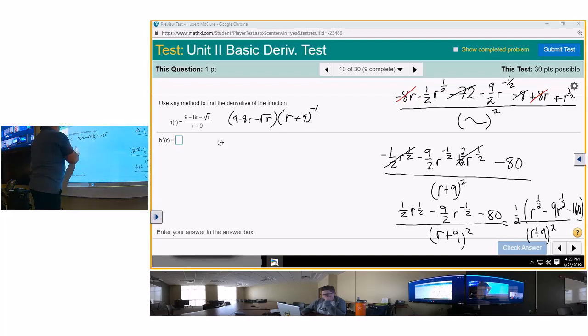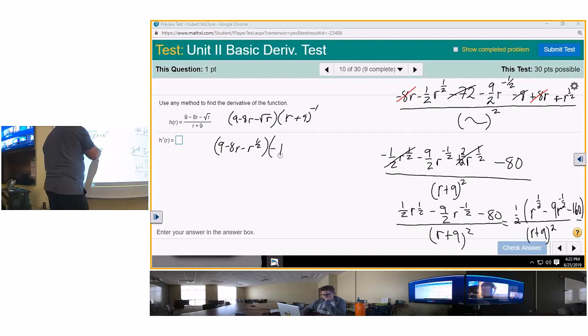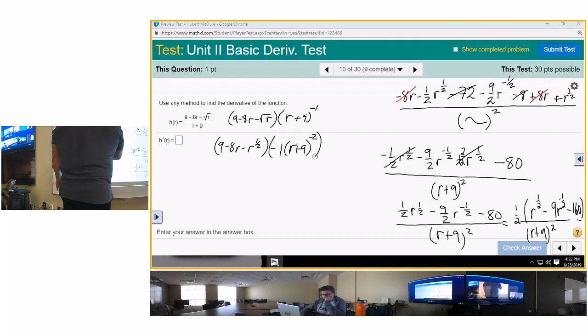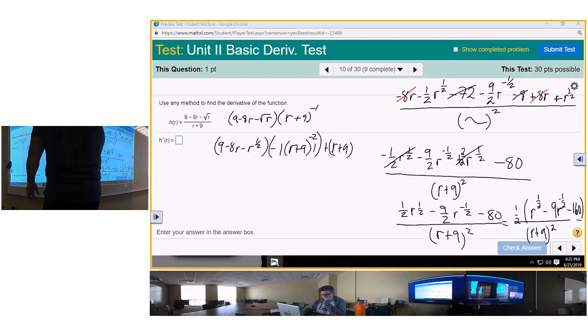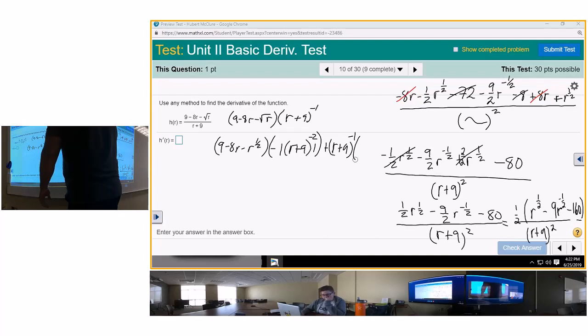First, times the derivative of the second, plus the second times the derivative of the first. 0 minus 8, and then minus 1/2 r to the negative 1/2.